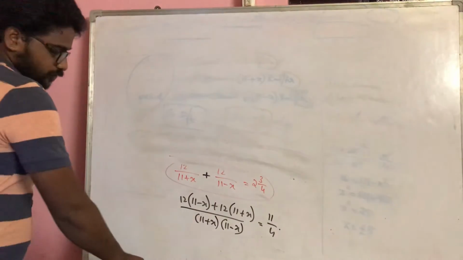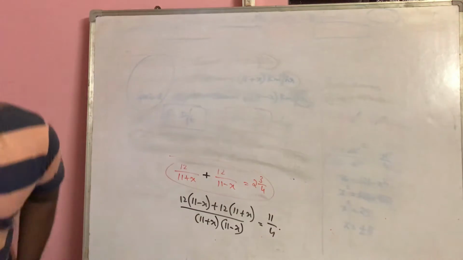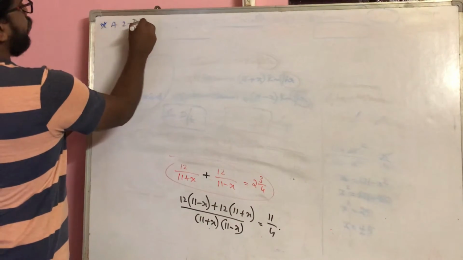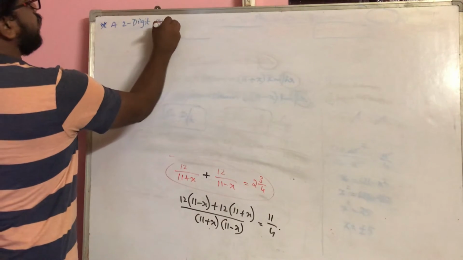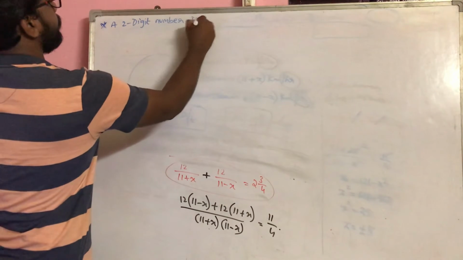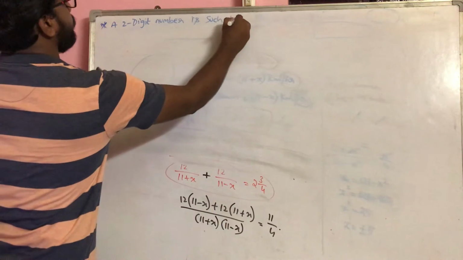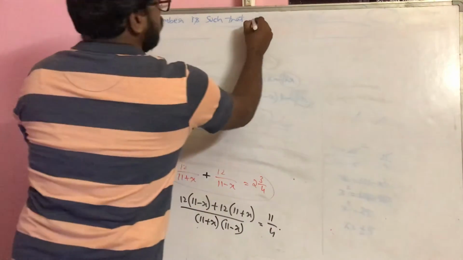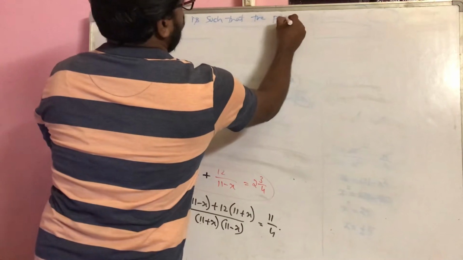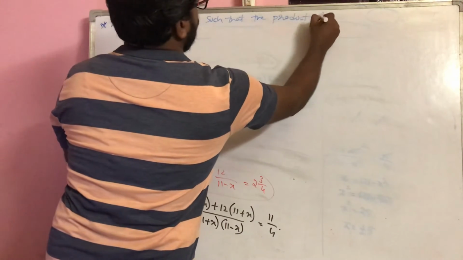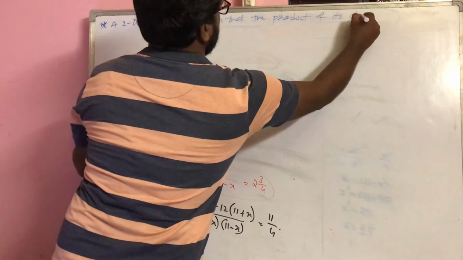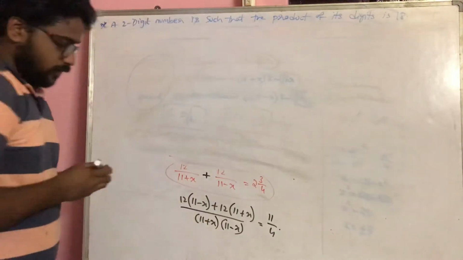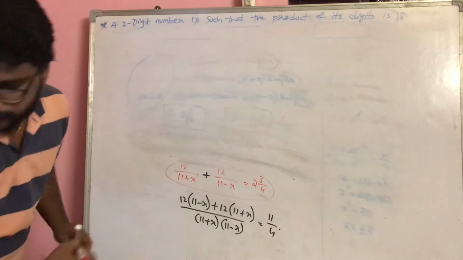Let me write the question first. A two-digit number is such that the product of its digits is 18. See the continuation of the question.